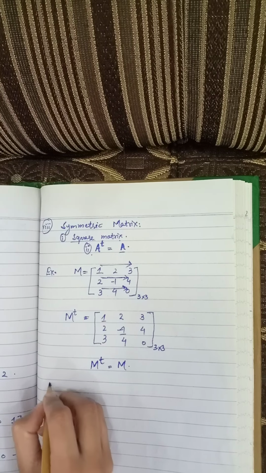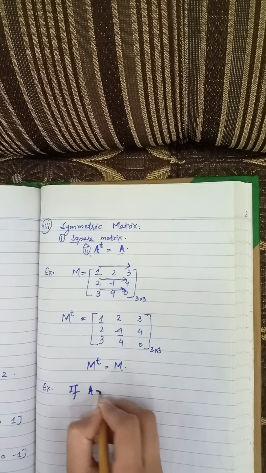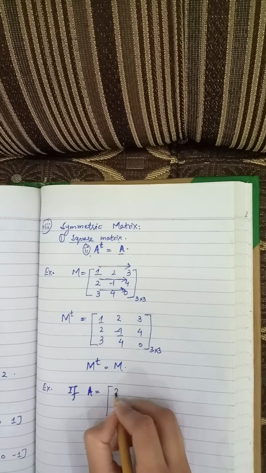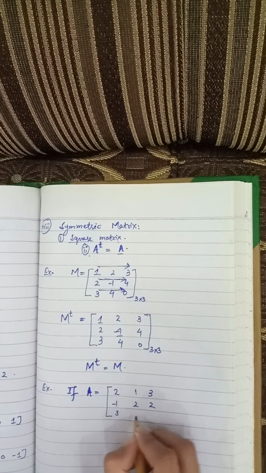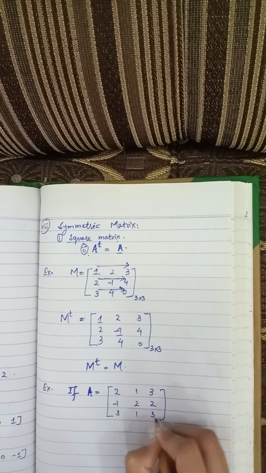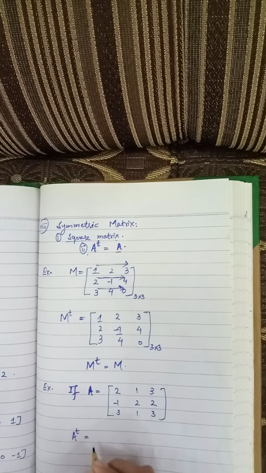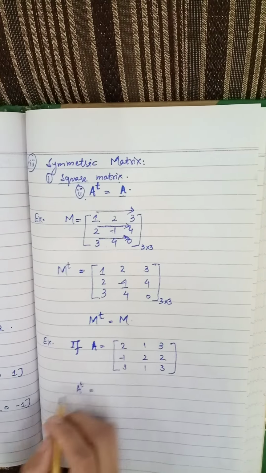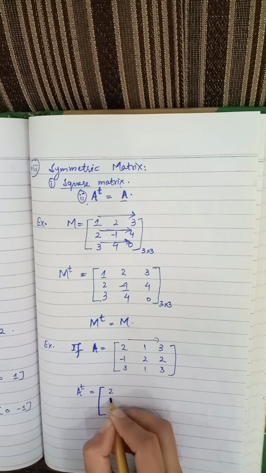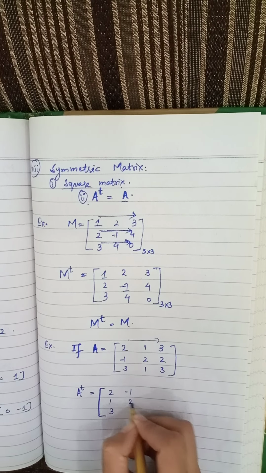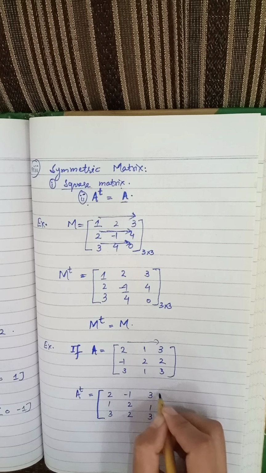Let's take another example, example number 2. If A is equal to 2, 1, 3, minus 1, 2, 2, 3, 1, 3, this is our initial matrix. Now we are going to take the transpose of this matrix. The first row is changed into first column, second row into second column, and the third row into third column.